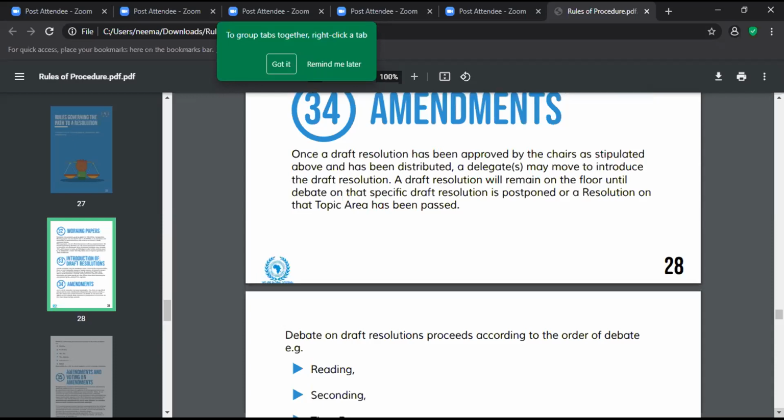An amendment, as you may have learned in high school history, is a change or addition. Once a draft has been approved by the chair, delegates introduce the draft resolution, and it will remain on the floor until the debate on that specific draft is postponed or it has been passed.